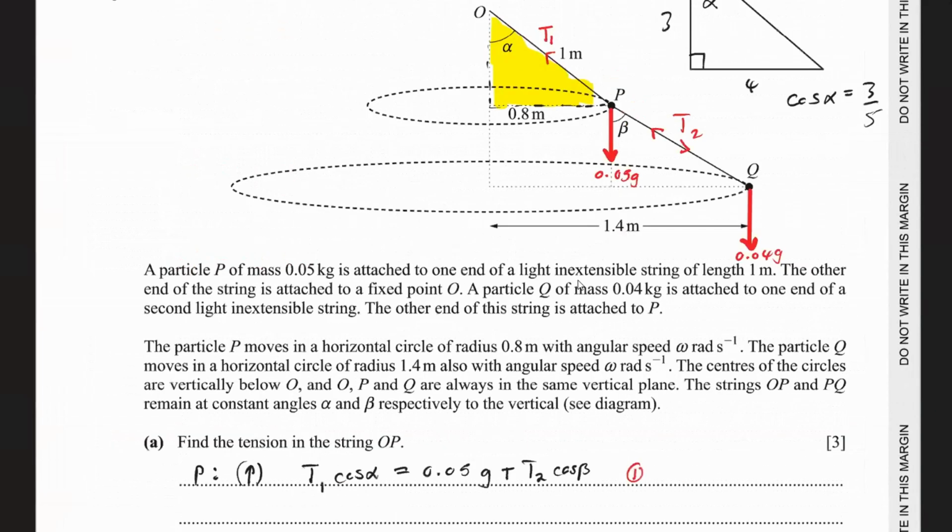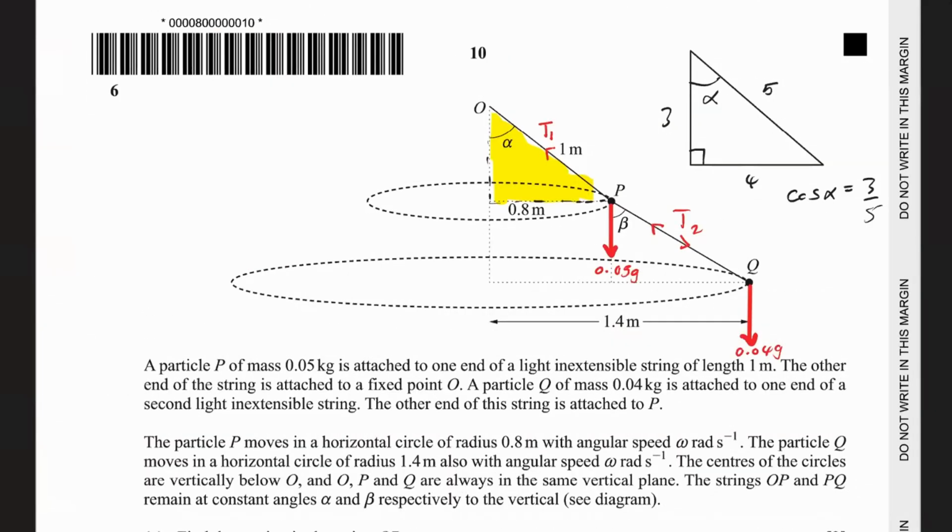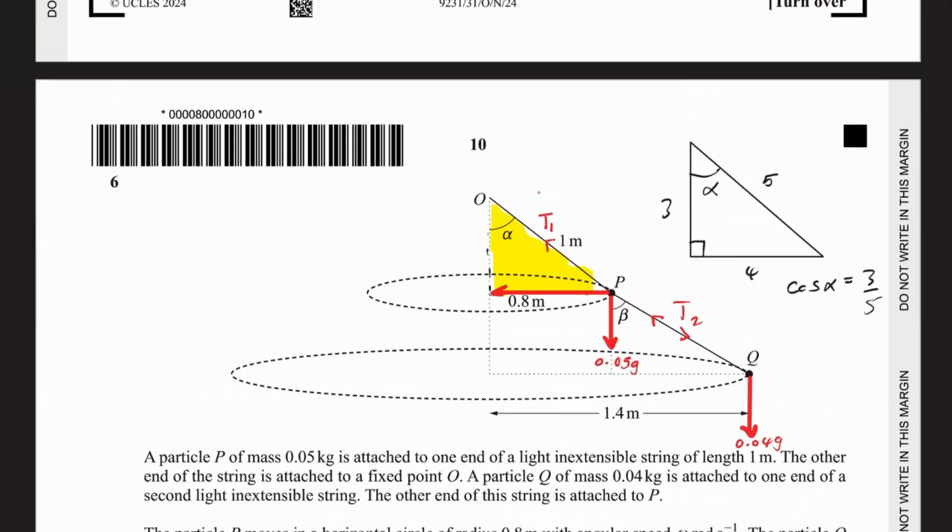For particle P, the resultant force directed towards the center is the component of T1 towards the center, and that component is T1 sine alpha.